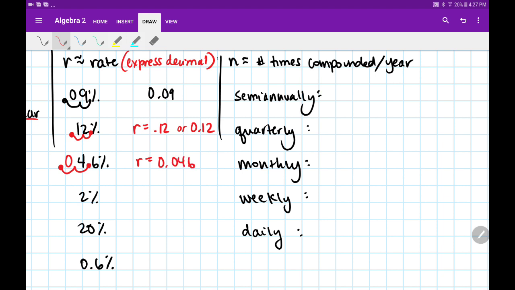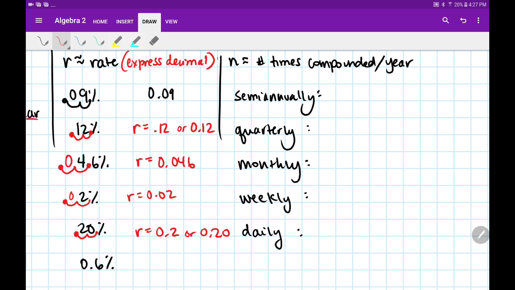So here I'm going to plug in 0.046. That represents 4.6%. Okay, with our 2%, move it back 2. That represents 0.02. Whereas 20% is actually 0.2 or 0.20, which are the same.